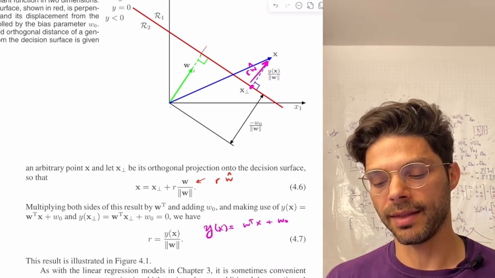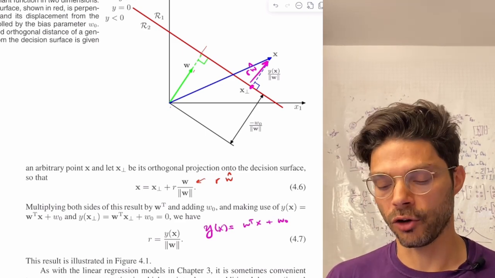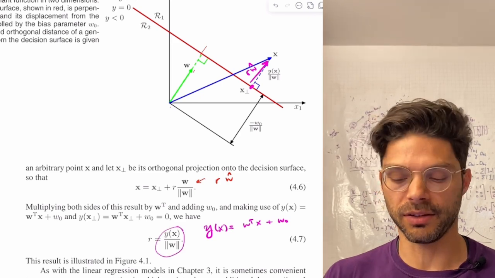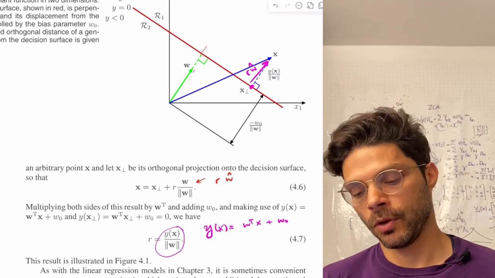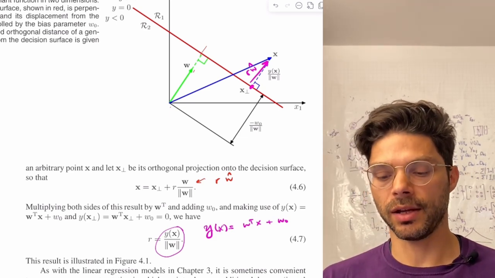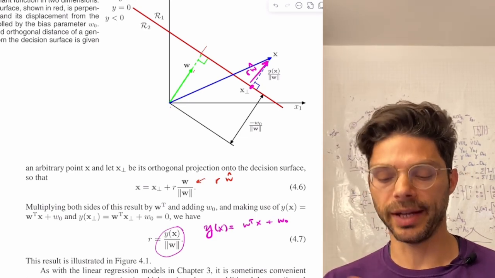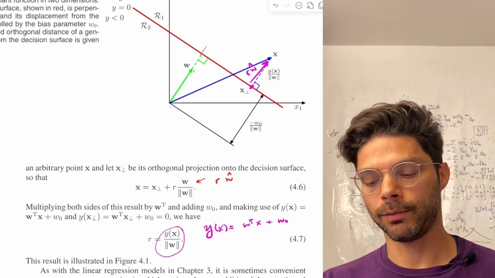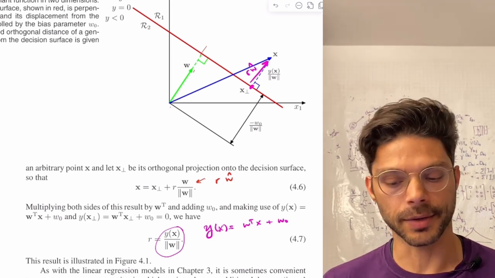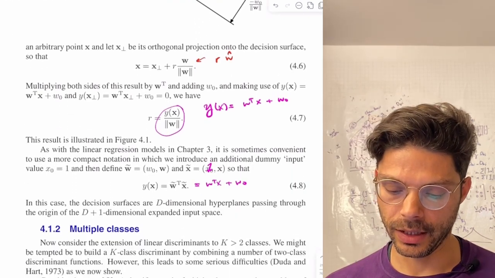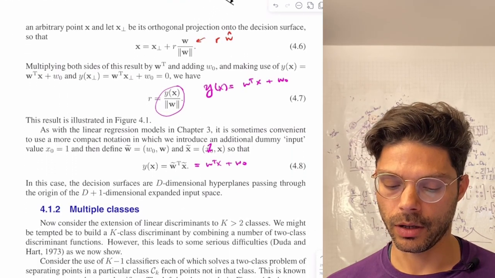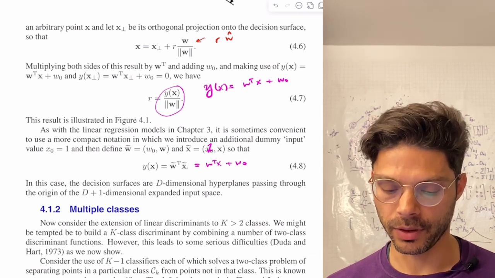So we can't simply interpret this as the distance from the origin. We have to interpret it as the distance from the decision surface. Something to keep in mind. I would suggest getting comfortable with these geometric pictures because later on they're going to be important for motivating and understanding some of the algorithms that we're going to encounter. Okay, I think that is all I want to talk about for that particular section.